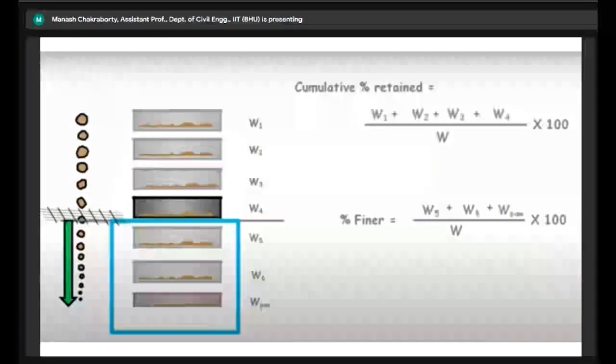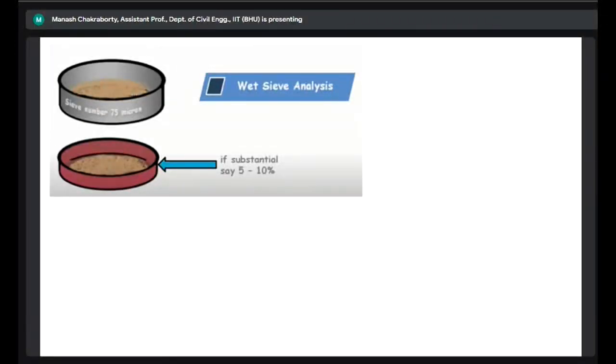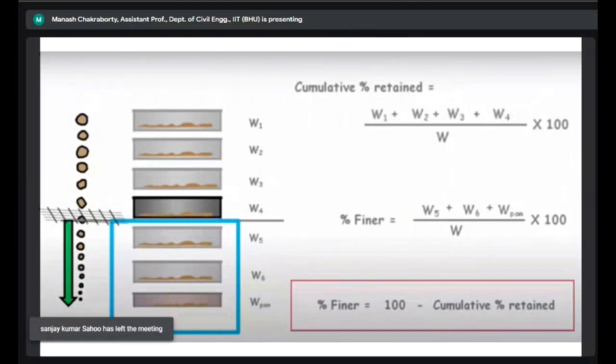So that's how we get the percent finer for a particular sieve size, which is 100 minus cumulative percent retained. So once this is done, we are in a position to understand how much percentage of finer is there for each of the sieves, right?